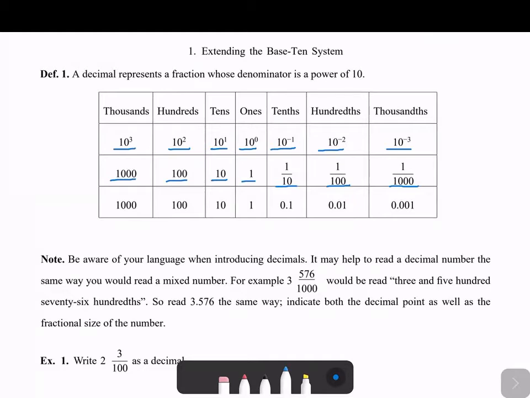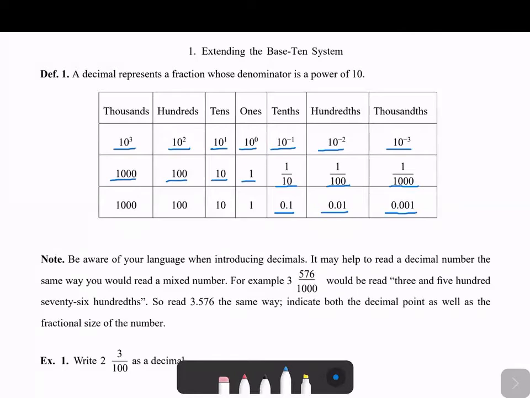So these decimals are 0.1, 0.01, 0.001, representing the tenths, hundredths, and thousandths. You can hear that I'm really emphasizing the TH, and you may want to do this as well if you're talking about this concept with someone for the first time.